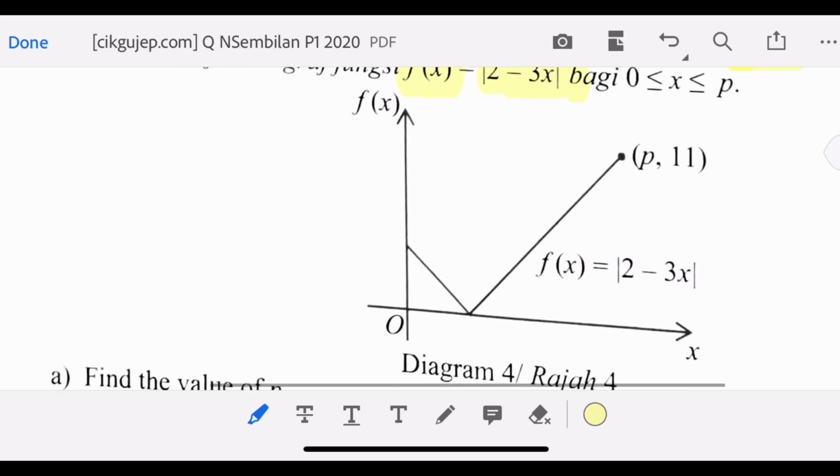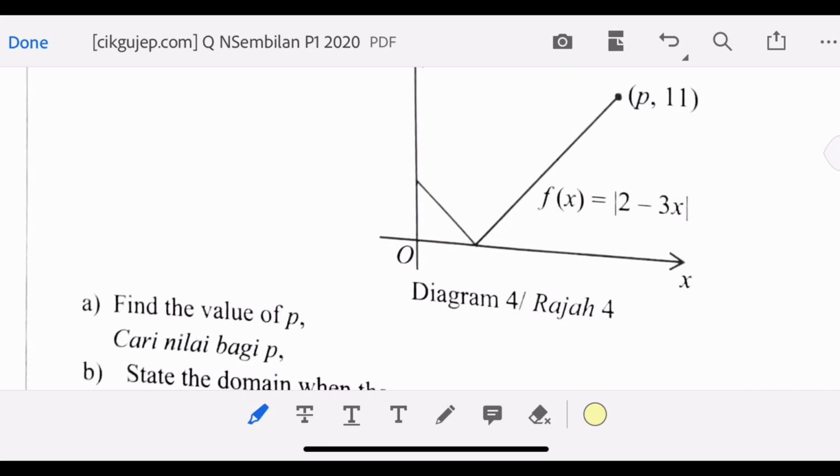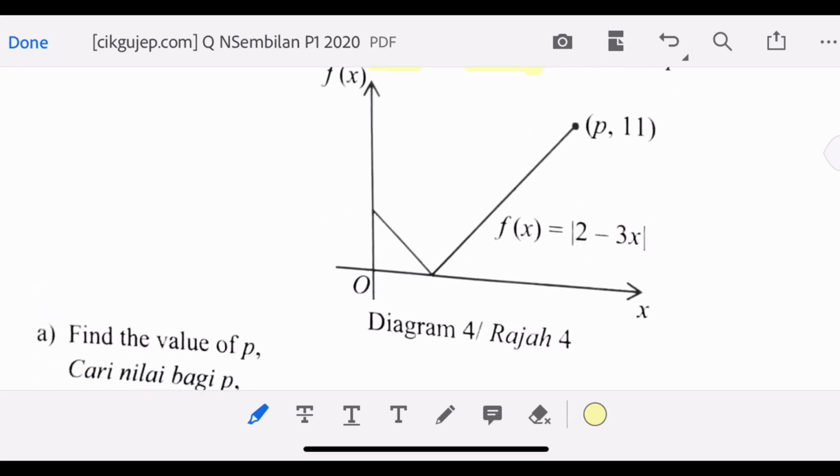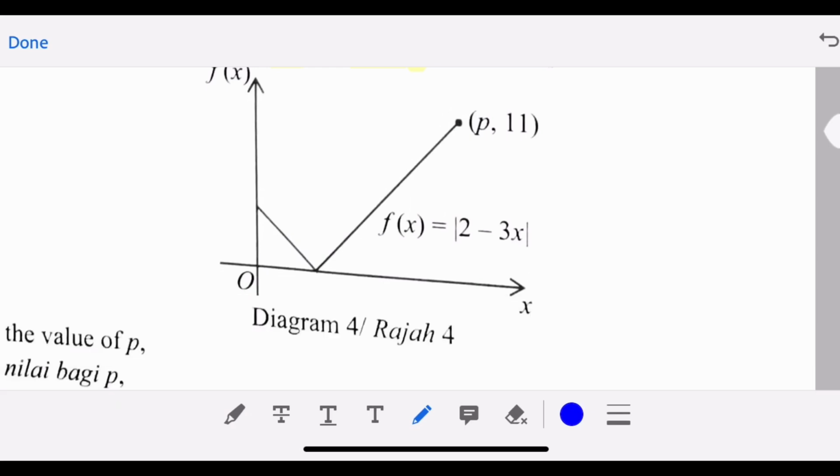So let's study the modulus graph carefully, and you must understand the concept of modulus. For additional maths, modulus is a very popular question in the SPM exam. Now let's look at the modulus graph. It is always positive.